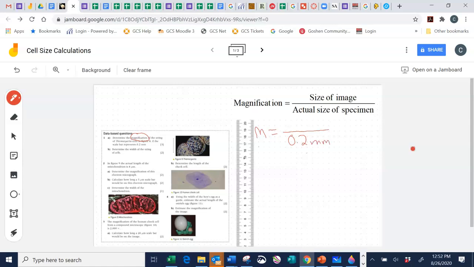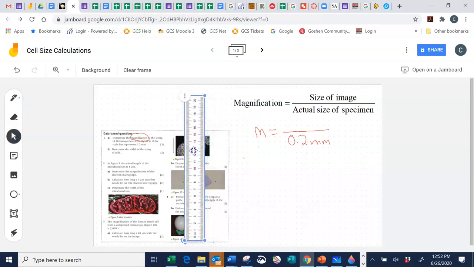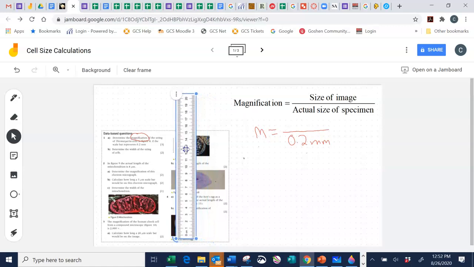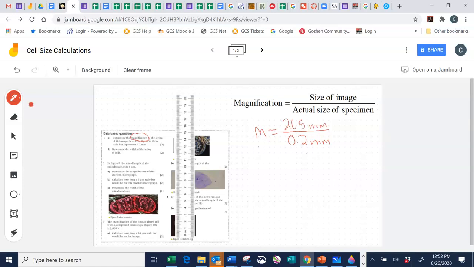So what I need to do is measure the scale bar itself and see what my top number should be. If I bring my ruler over close here, as I look at this from 12 to a little over 14, remembering that 12 to 13 is 1 centimeter or 10 millimeters, it looks like about 21.5 millimeters to me. So I'm going to put 21.5 millimeters on top.